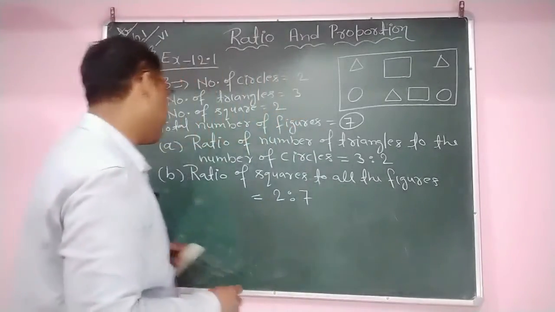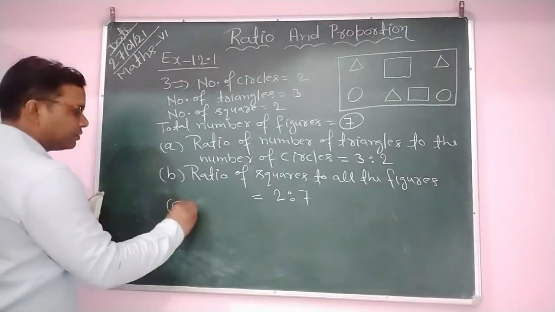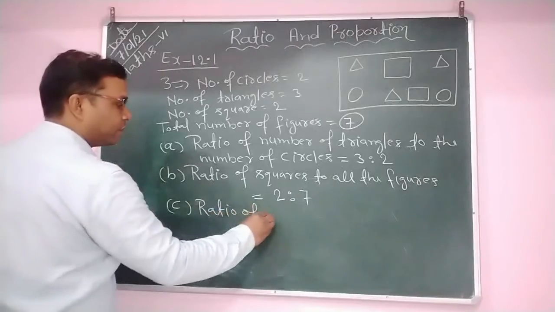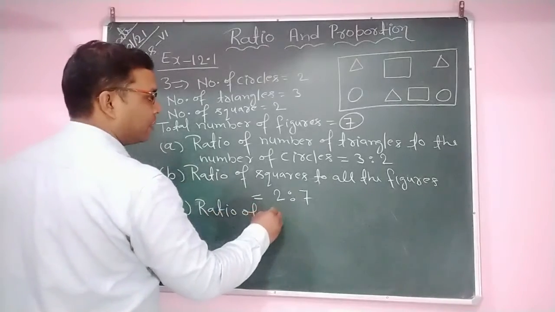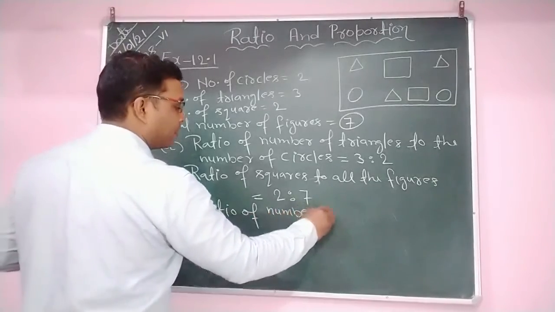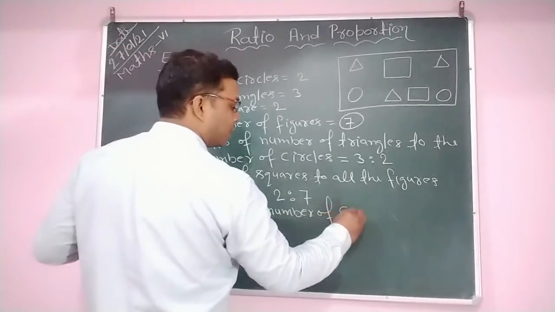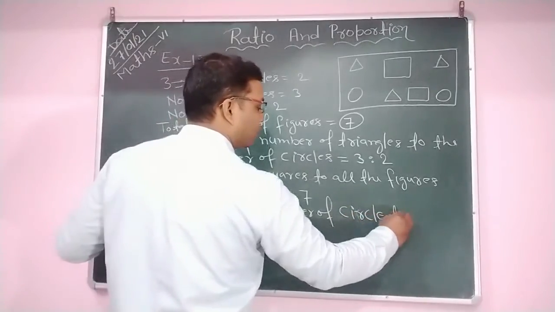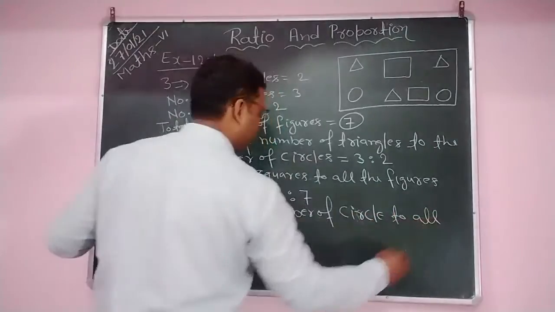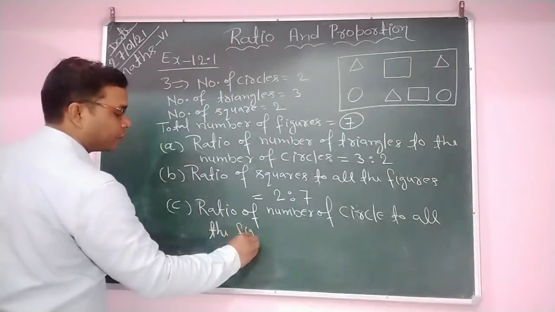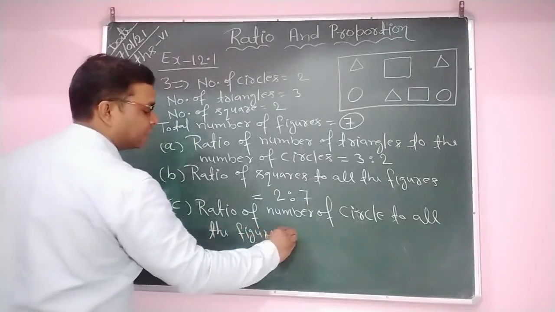Now the C part of this question is the number of circles to all the figures inside the rectangle.